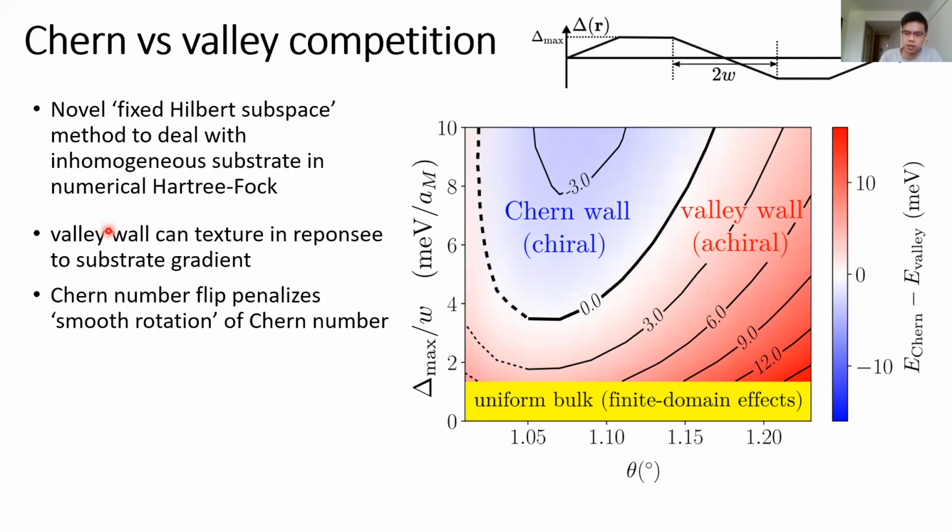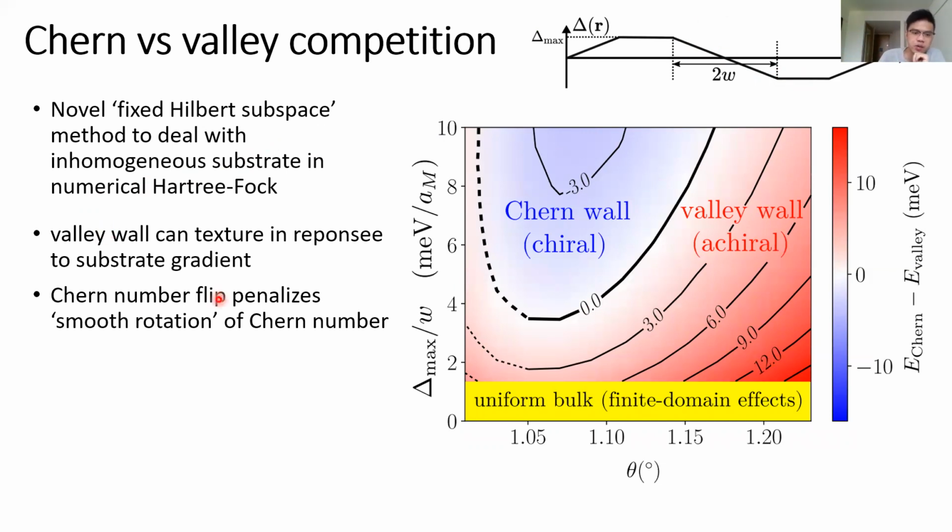The valley wall involves a change of valley, so it's going to be dominated by valley exchange physics. And so if the substrate is varying quite smoothly, the valley wall would prefer to texture. It would change valley over a longer length scale in order to reduce the exchange penalty.